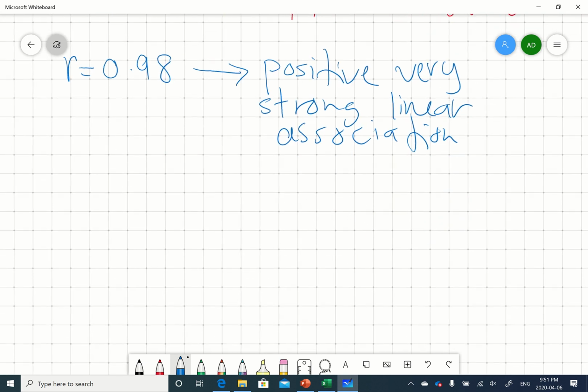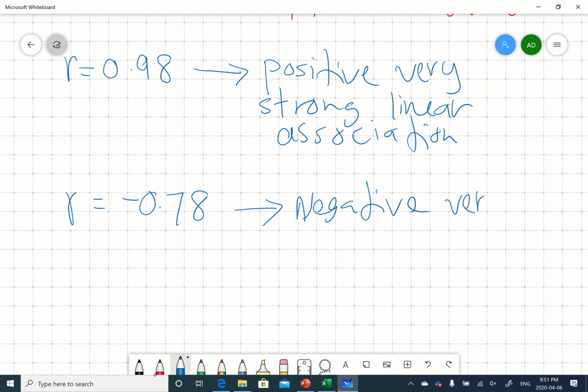And then if R is, let's say, -0.78, this is negative and closer to -1. So negative, very strong linear association between x and y.